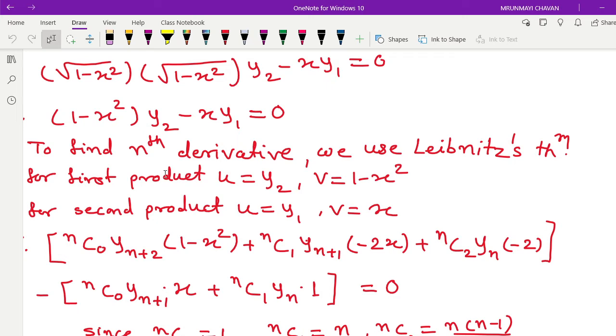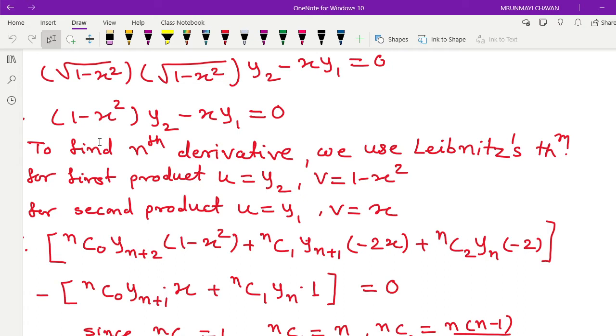So here we have to select u and v. You select u as that function for which we can calculate the nth derivative, and you select v as that function which has limited derivatives.